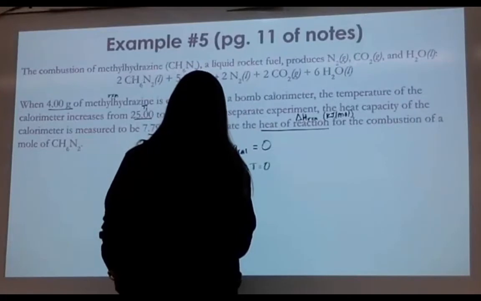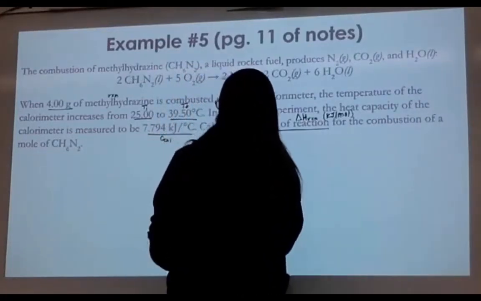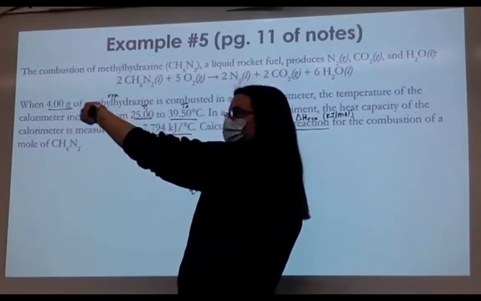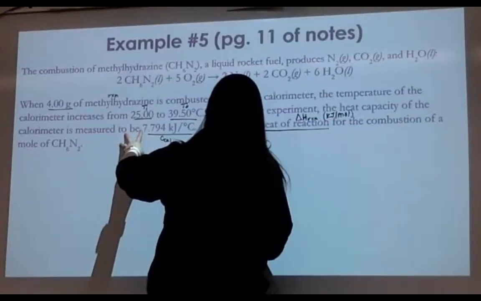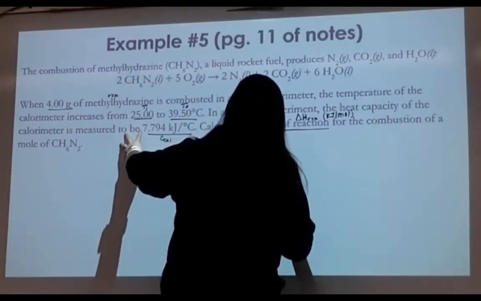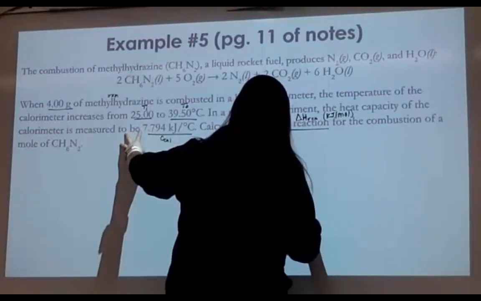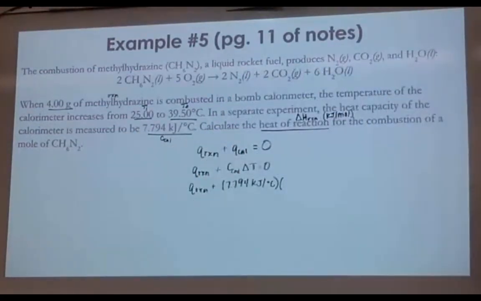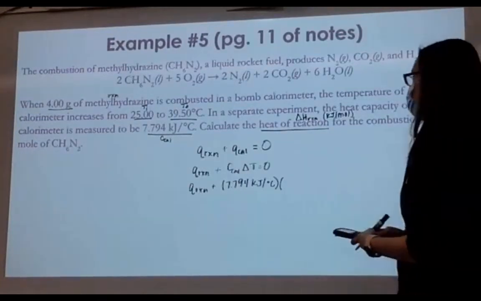So I'm going to plug in C cal. Just be careful with your units. Just always double check your units. 7.794 kilojoules per degree Celsius. We said delta T is always final minus initial.